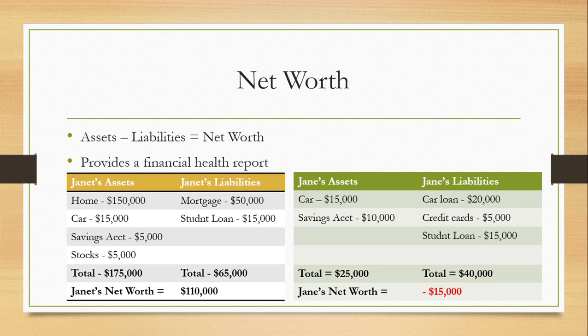She doesn't owe any money on her car, so if she sells her car, she can potentially get about $15,000. Whereas if you look at Jane, Jane's got nowhere to go, right? Jane sells that $15,000 car, she still owes another $5,000 in car loans. She can also use her savings account at $10,000, but that still doesn't even cover all of her student loan. So that's why this is such an important thing to understand.